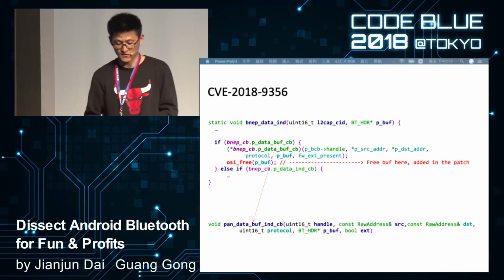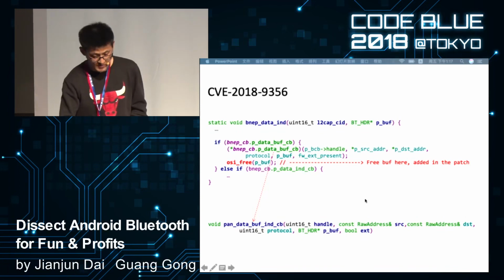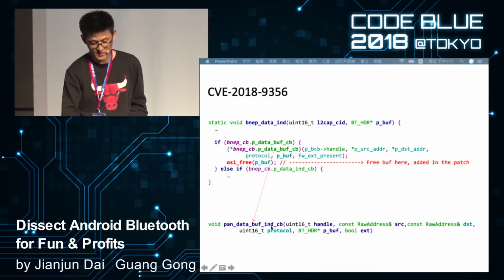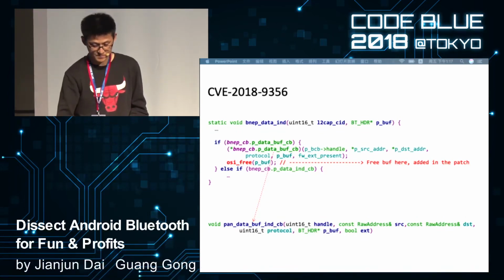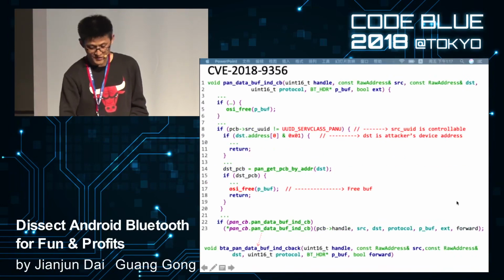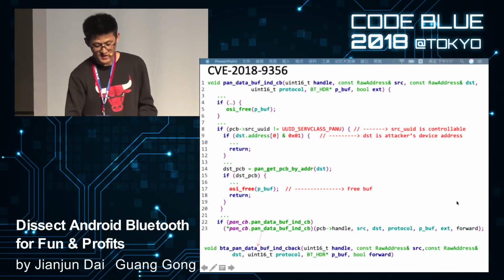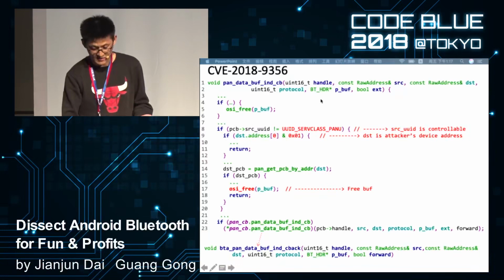Let's take a look at the function pan_data_buf_ind_cb. There are several places that call osi_free.